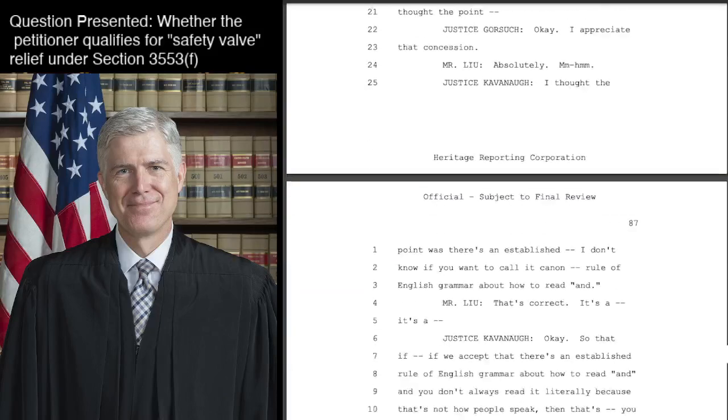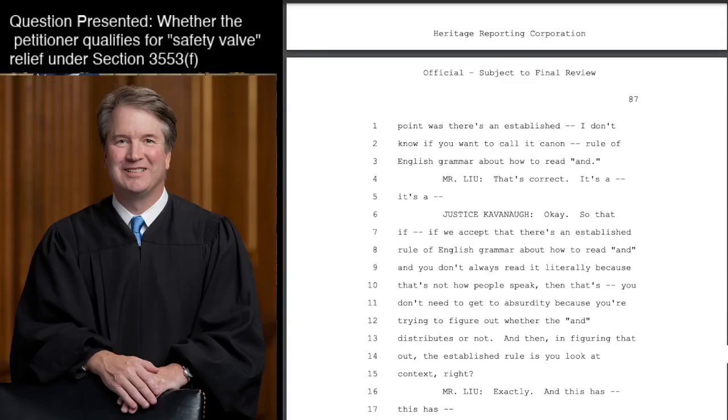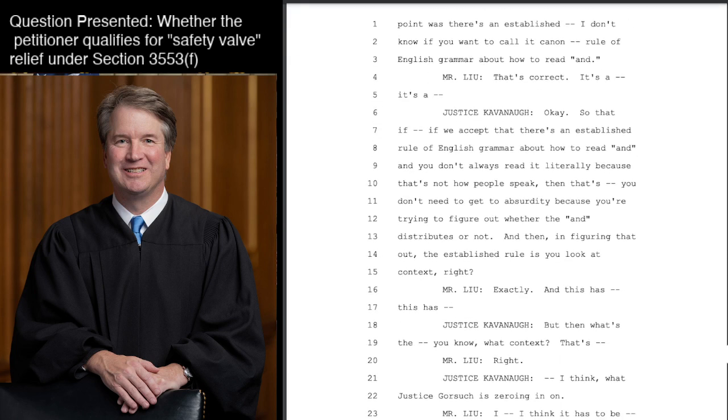I thought the point was there's an established, I don't know if you want to call it canon, rule of English grammar about how to read "and." That's correct. So if we accept that there's an established rule of English grammar about how to read "and," you don't always read it literally because that's not how people speak, then you don't need to get to absurdity because you're trying to figure out whether the "and" distributes or not.